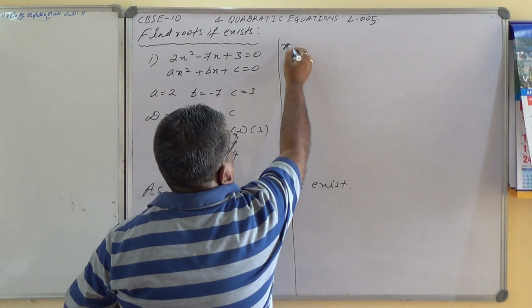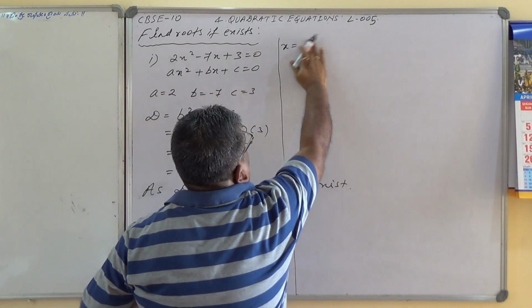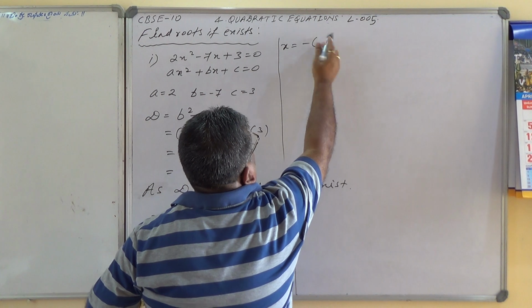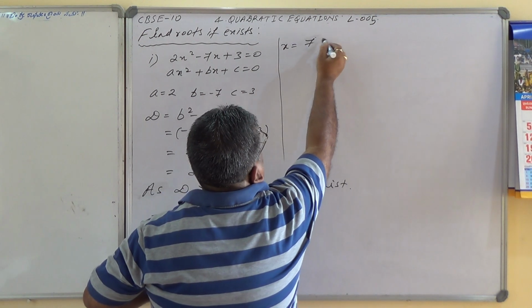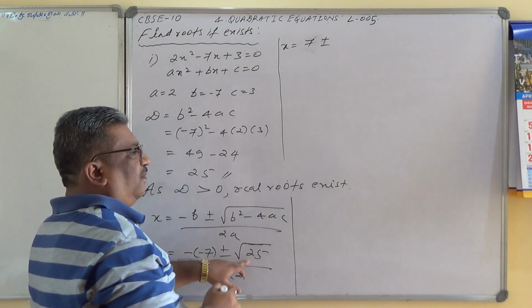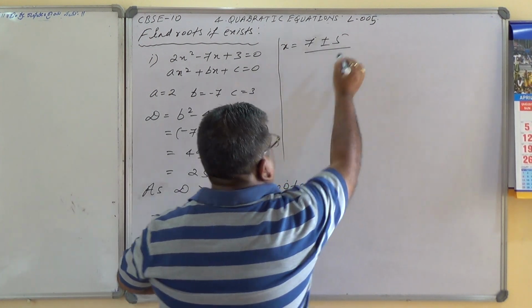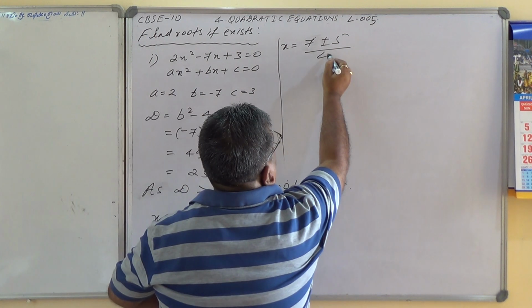So x equals minus of minus 7, that is 7, plus or minus under root of 25, which is 5, divided by 2a, which is nothing but 4.